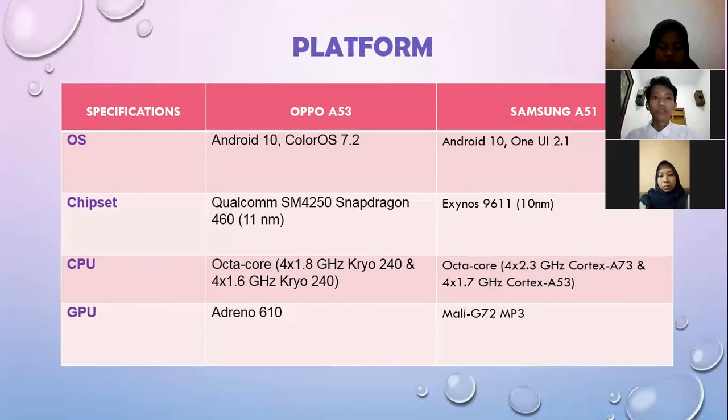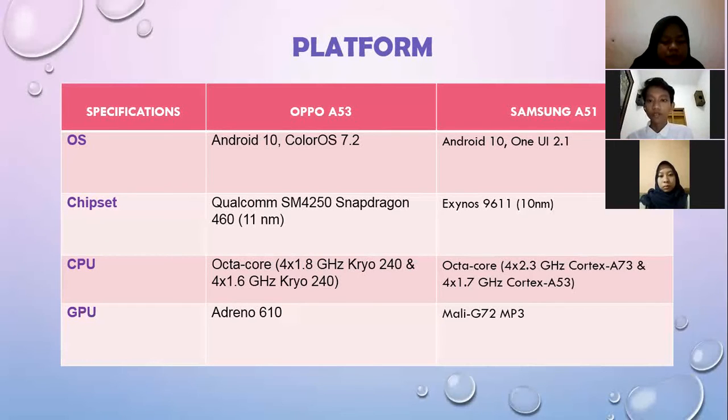The chipset used by Oppo is better than Samsung. Number 3, CPU. Oppo uses octa-core and Samsung uses octa-core. The CPU used by both phones is the same.